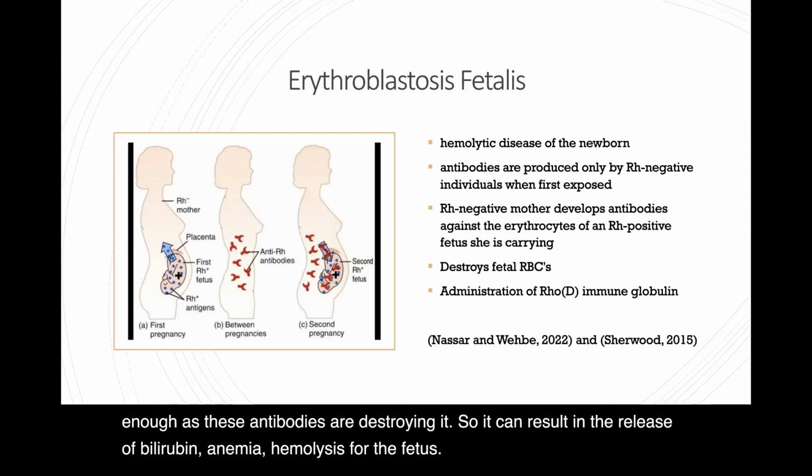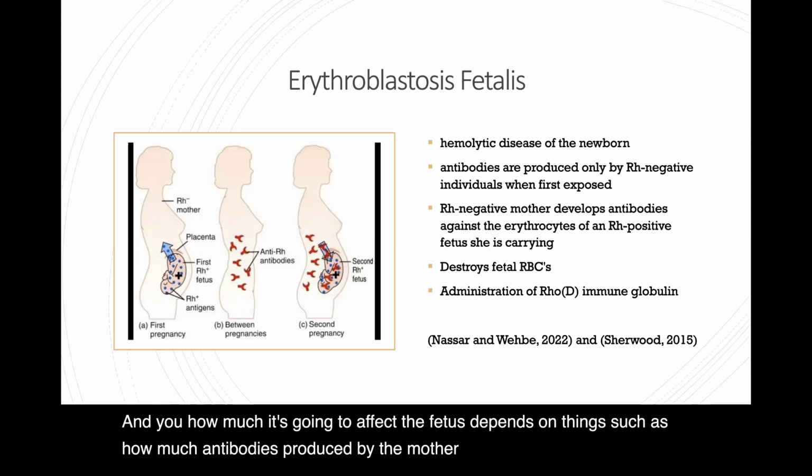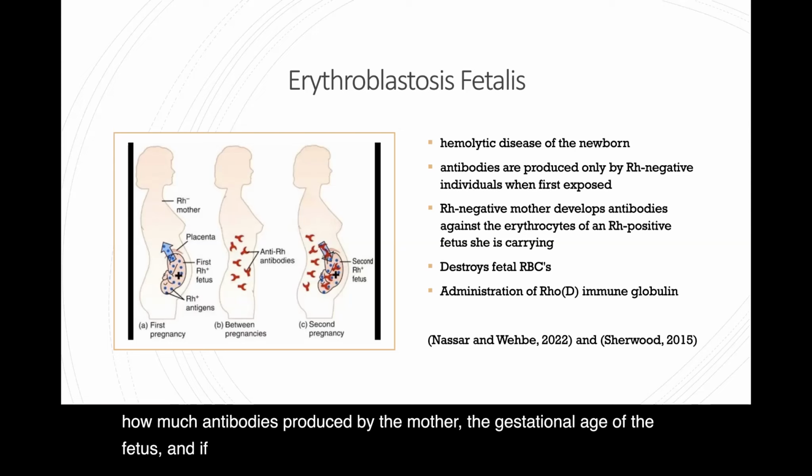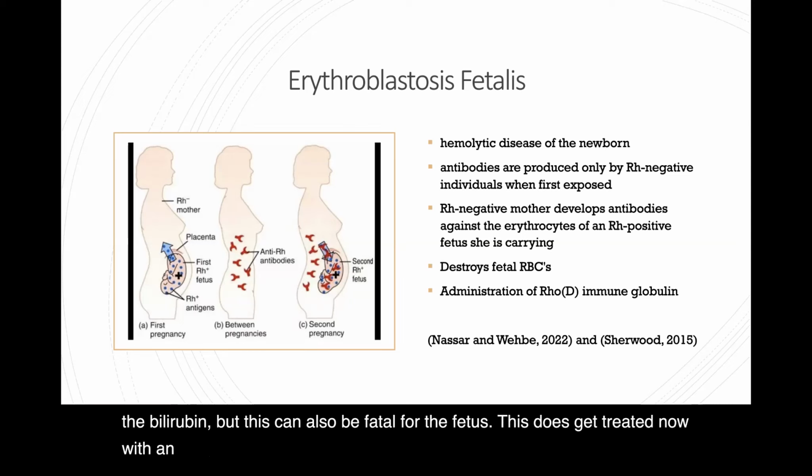And how much it's going to affect the fetus depends on things such as how many antibodies are produced by the mother, the gestational age of the fetus, and if the fetus is able to replenish the red blood cells or clear the bilirubin. But this can also be fatal for the fetus. This does get treated now with an administration of something called Rho-D immune globulin.